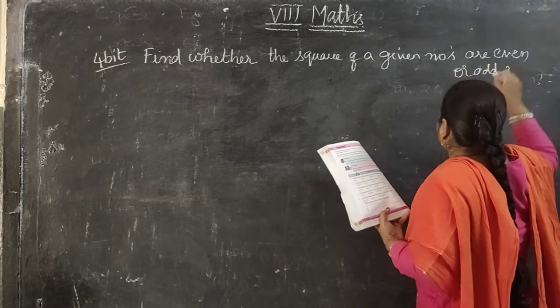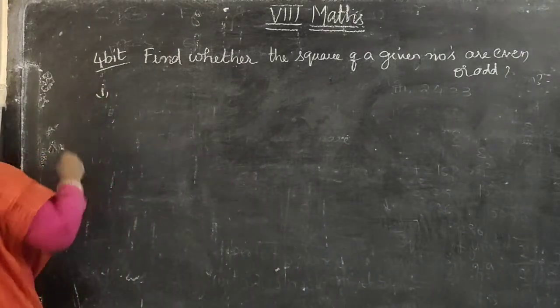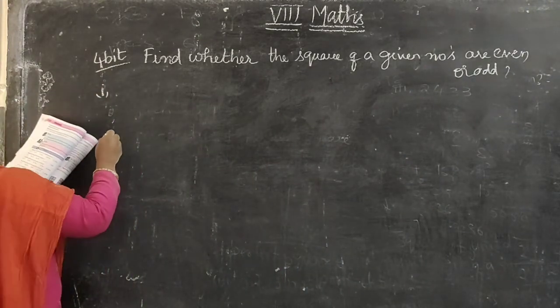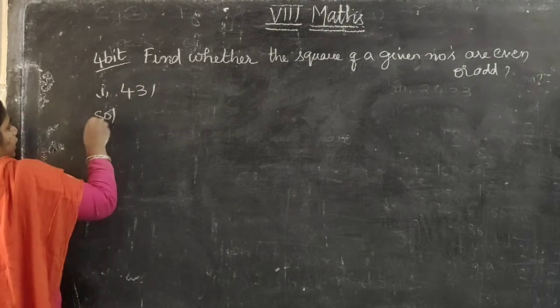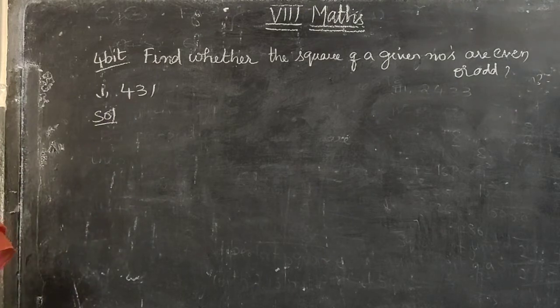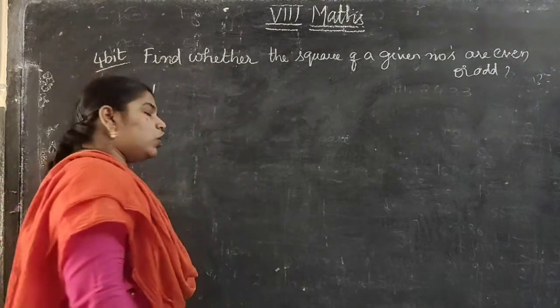After squaring the given number, we have to find whether the result is an even number or an odd number. The first one is 431. 431 is which type of number? 431 is an odd number. So if you square this odd number, again the result will be an odd number itself.